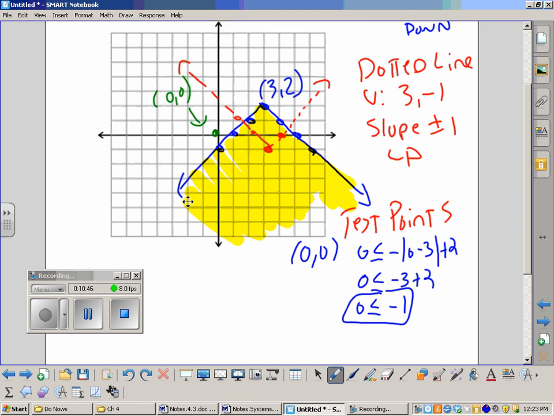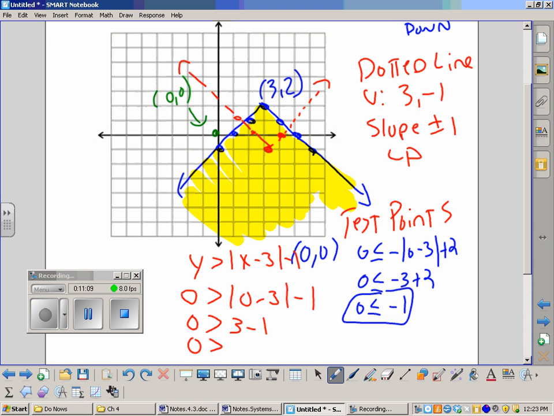Now with the red graph, I'm going to test 0, 0. So the red graph, which is dotted, is this. So is 0 greater than 2?